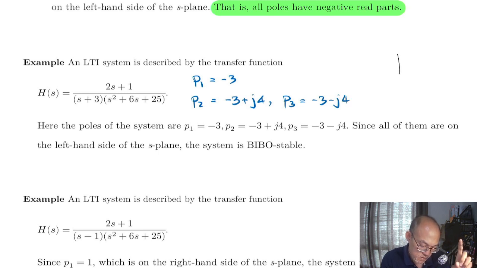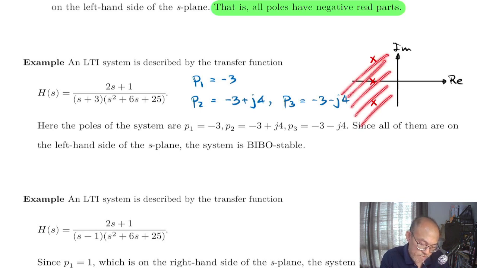Now, if you plot it on the complex plane, the horizontal is the real part, and the vertical is the imaginary part. You see, all of them are on the left-hand side of the complex plane. They all have negative real parts, so the system is stable.